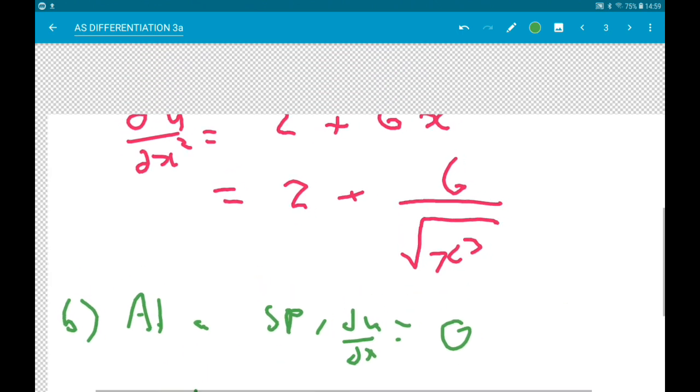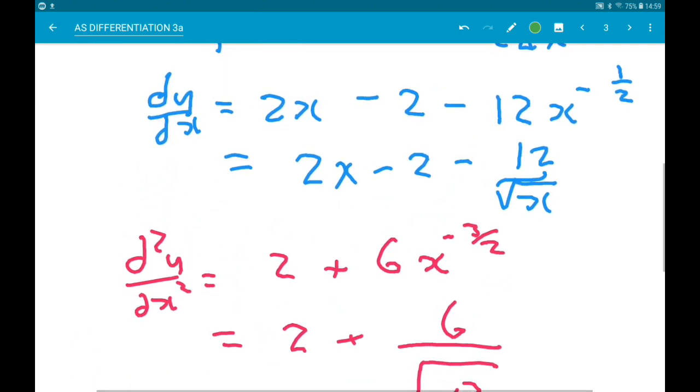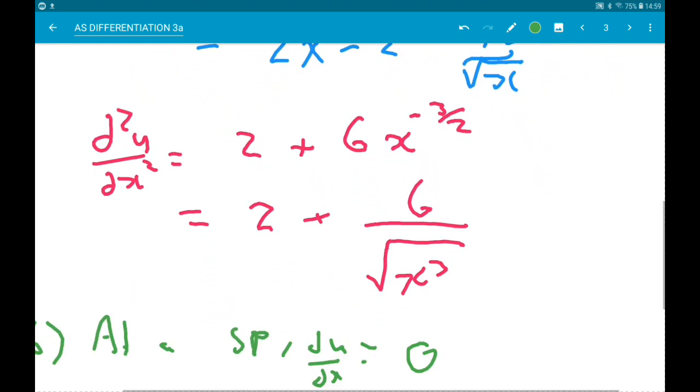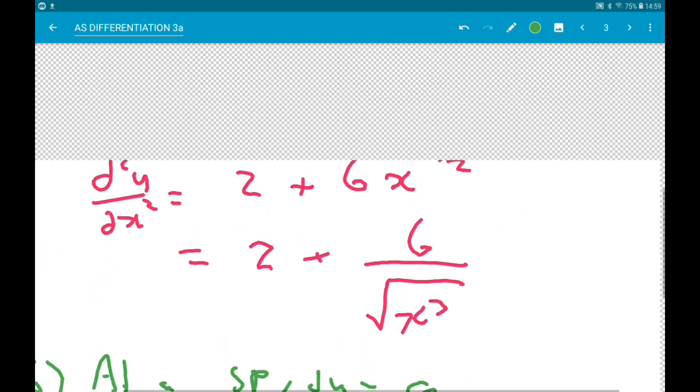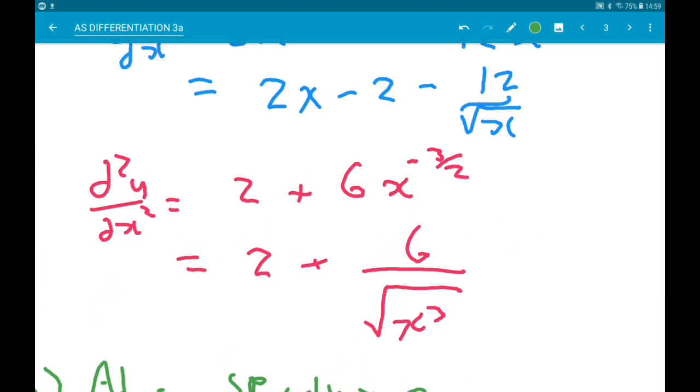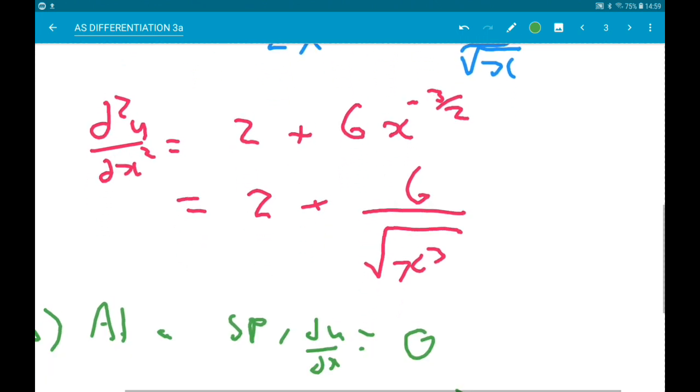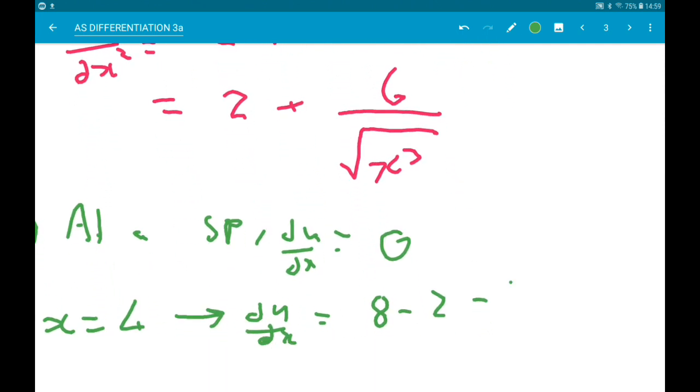So we are going to get 2 times 4 minus 2, so 8 minus 2 minus 12 over root 4, so 12 over 2. So we have 8 minus 2 minus 6. That is indeed equal to 0.